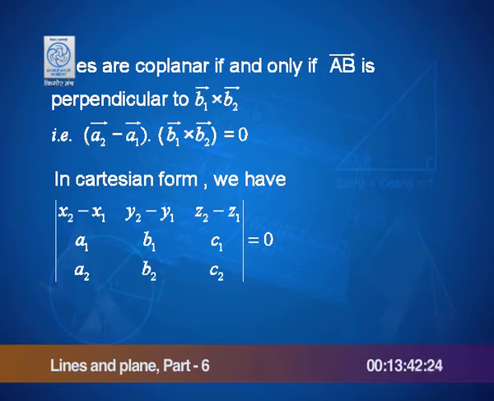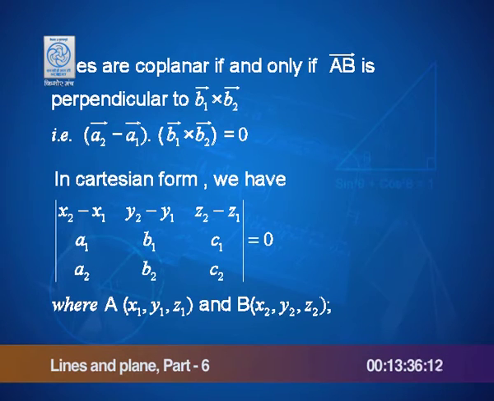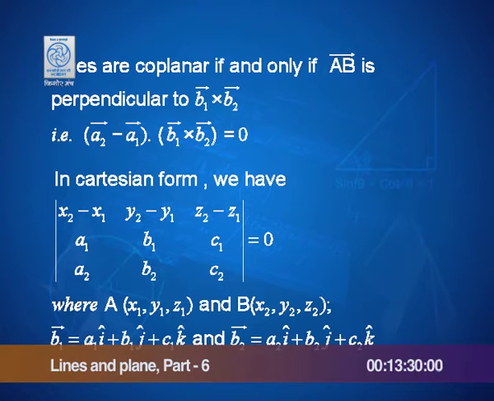If this determinant is 0, then the lines are coplanar, where x1, y1, z1 are the coordinates of point A, x2, y2, z2 are the coordinates of point B, and vector b1 has direction ratios a1, b1, c1, and vector b2 has direction ratios a2, b2, c2.